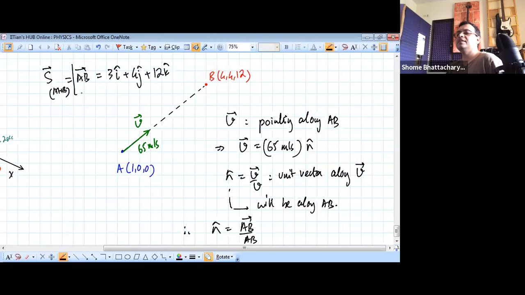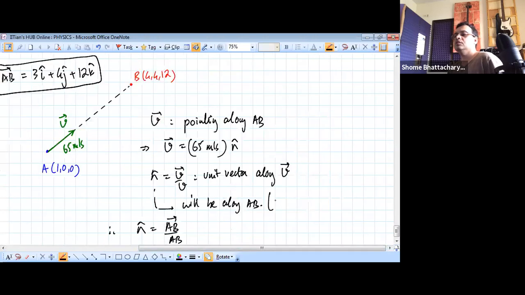So this is a vector joining the points A and B. This vector AB should have the same direction as the velocity vector, because the vector AB and the velocity vector are in the same direction, so they will have the same unit vector.